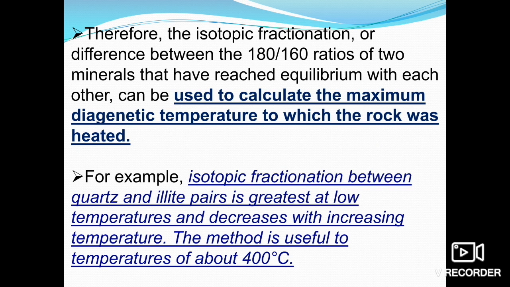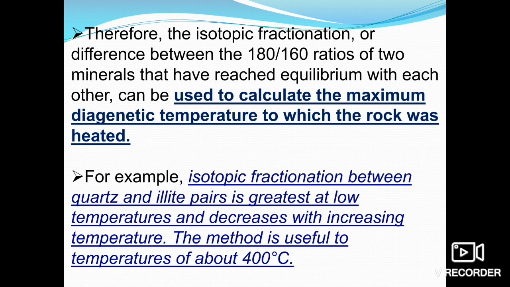So the isotopic fractionation, or the difference between O18 to O16 ratios of these two minerals that have reached equilibrium with each other, can be used to calculate the maximum diagenetic temperature to which the rock was heated.